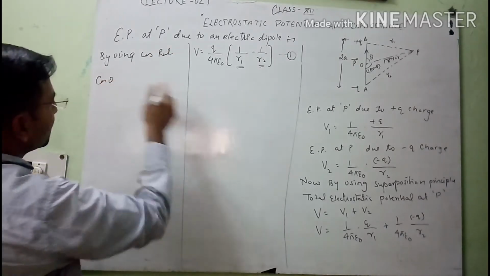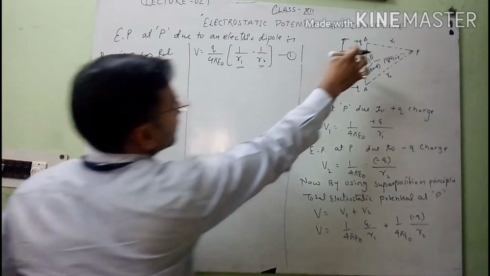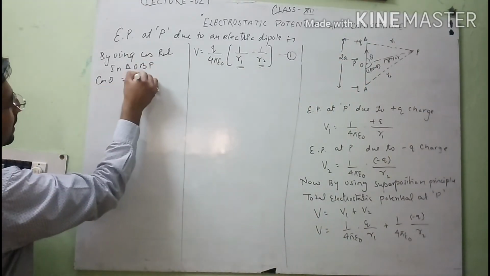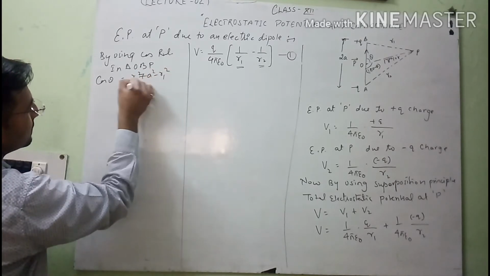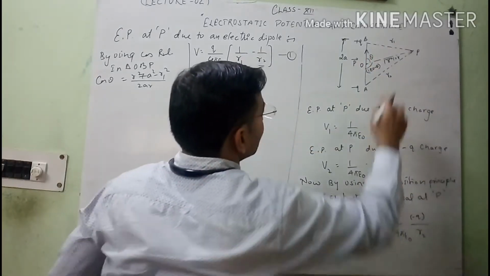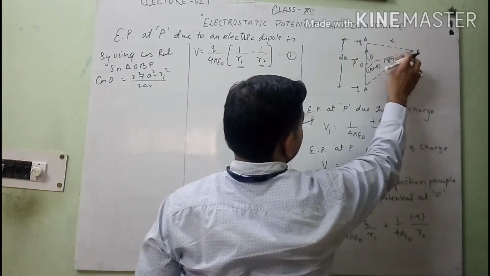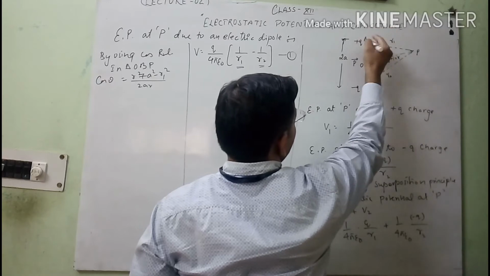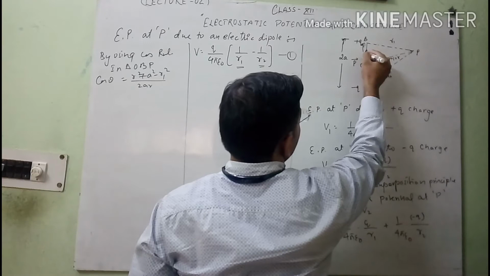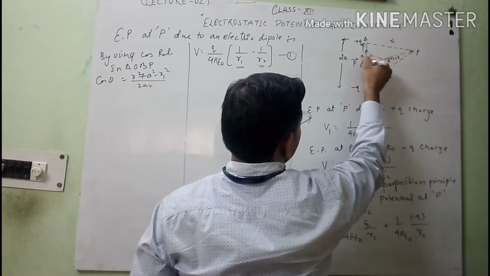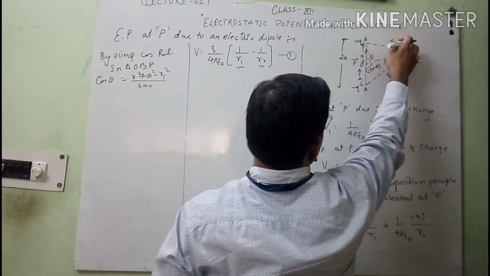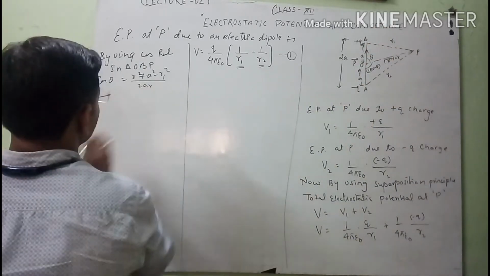See, cos theta in triangle OBP equals R square plus A square minus R1 square upon 2AR. Here this is our R, and this is A, the half of the length of the dipole. So this is the formula.